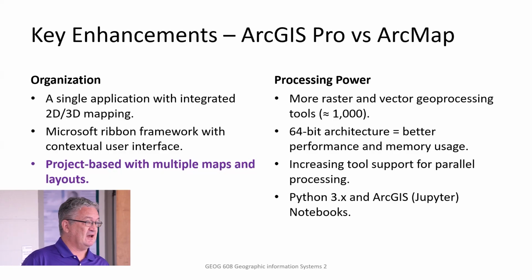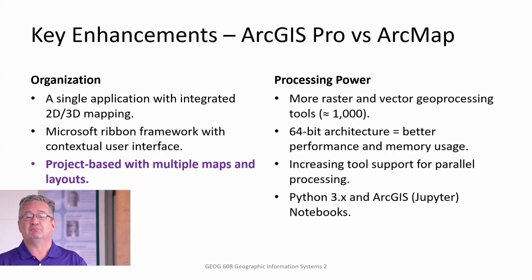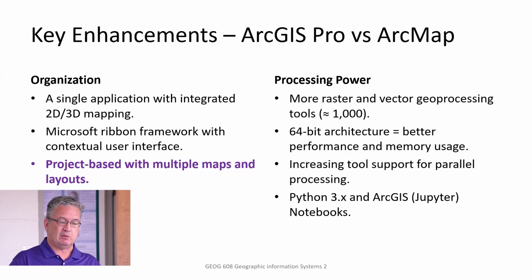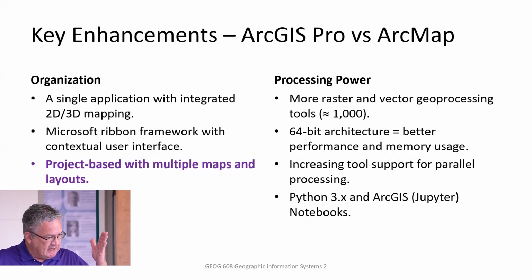And if you had a complicated project, it might be very realistic that you could have a dozen or more map documents for a single project. But ArcGIS Pro is based around a project. There's no real limitation to the number of maps you can have in that project or connections to a variety of data sets. Very, very important.